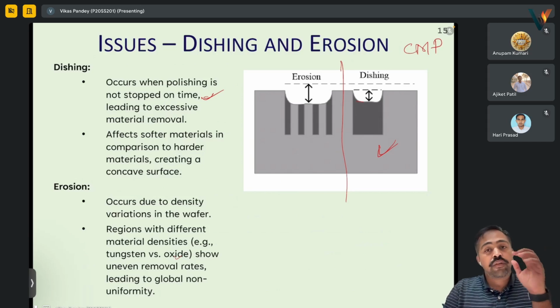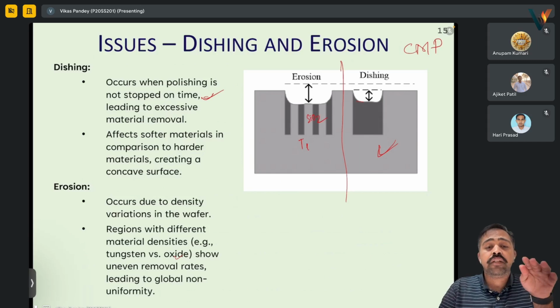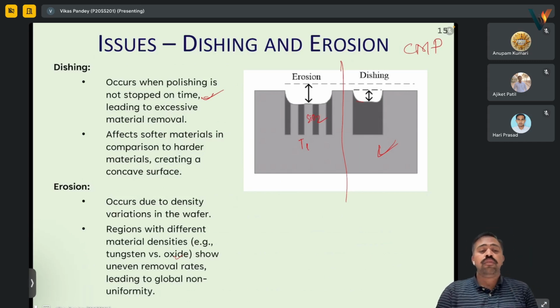Although the same process is being applied over it, say this is Ti, this is SiO2, they might not lead to global uniformity because the removal rate is different for the same process, and that can lead to some erosion.